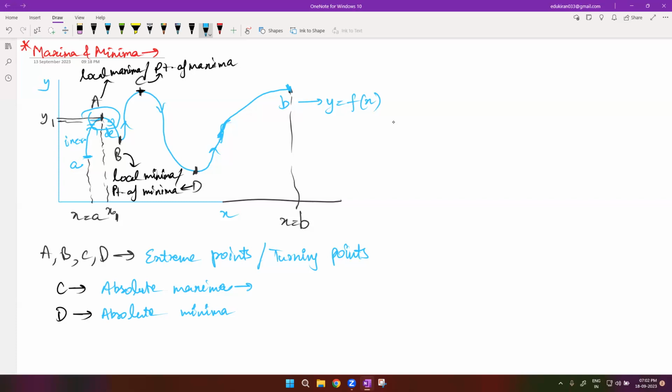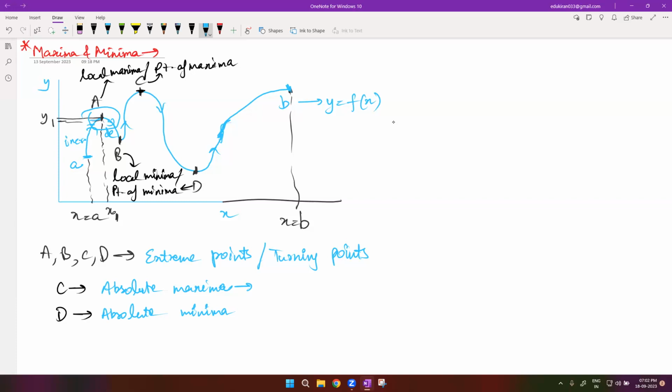Because before that, you were lesser, and after that point also you are lesser, because before that you were increasing. So increasing तो थोड़ी देर पहले हम कम थे, थोड़ा और आगे बढ़े तो ज्यादा हो गए, right? And after this point you are decreasing. मतलब whatever you have right now, you are only going to decrease, right? So when this happens, that your function is increasing and then decreasing, then you get a local maximum.